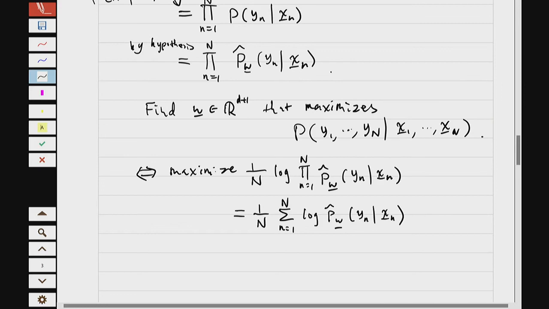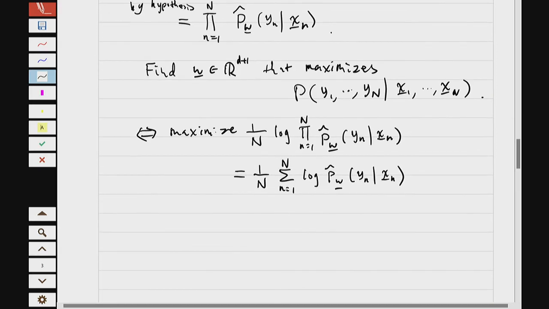Maximizing this, but we have a negative log function, right? So maximizing this is the same as minimizing the negative. So this is the same as minimizing 1 over n, the sum from 1 to n of the negative log.